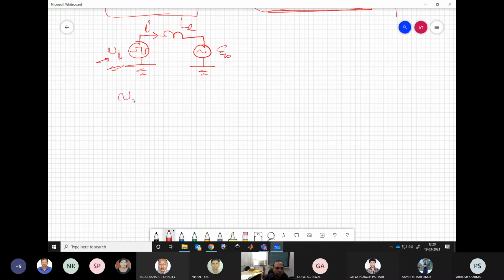So let's say V, I write as VRN, which is generated by our converter, and this can be written as VRN1, which is the fundamental, and VRN ripple, whatever is the ripple associated with this PWM voltage waveform. This is the separation into the fundamental and the harmonic components for VRN.